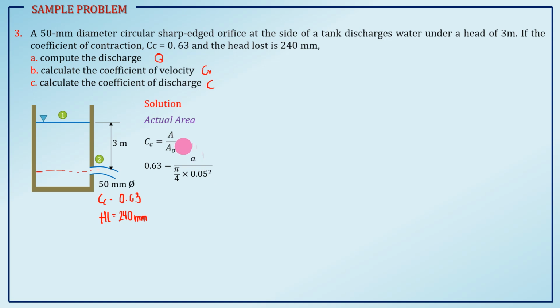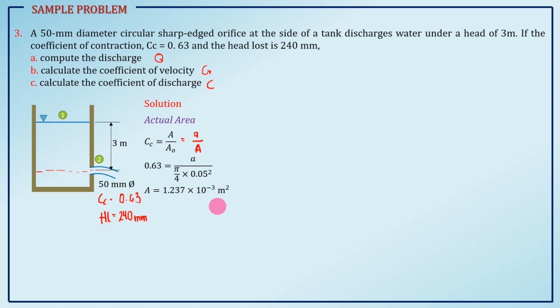Previously we also wrote this as small a divided by larger a. There is no problem there since they are just variables, as long as the actual is on top and the theoretical is at the bottom. Solving for the actual area, we have 1.237 times 10 raised to negative 3 square meter.